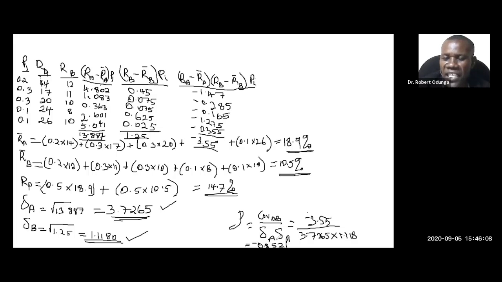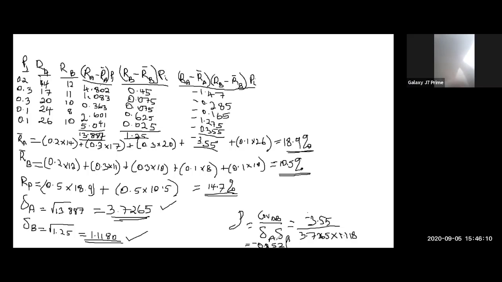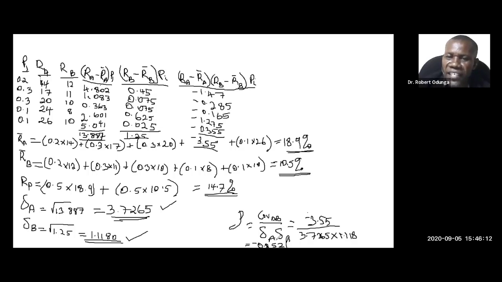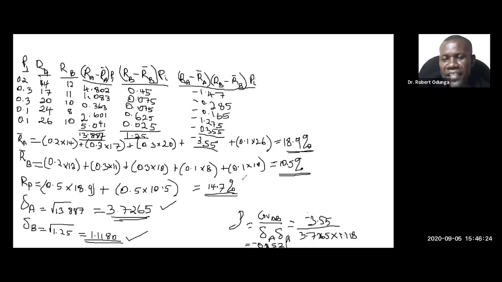But here we're getting negative 0.8, which is much closer to 1 than 0.5. So with this, you can easily conclude that the two projects can be combined in the planned ratios, and they will diversify the risk, which means the investor will do well.